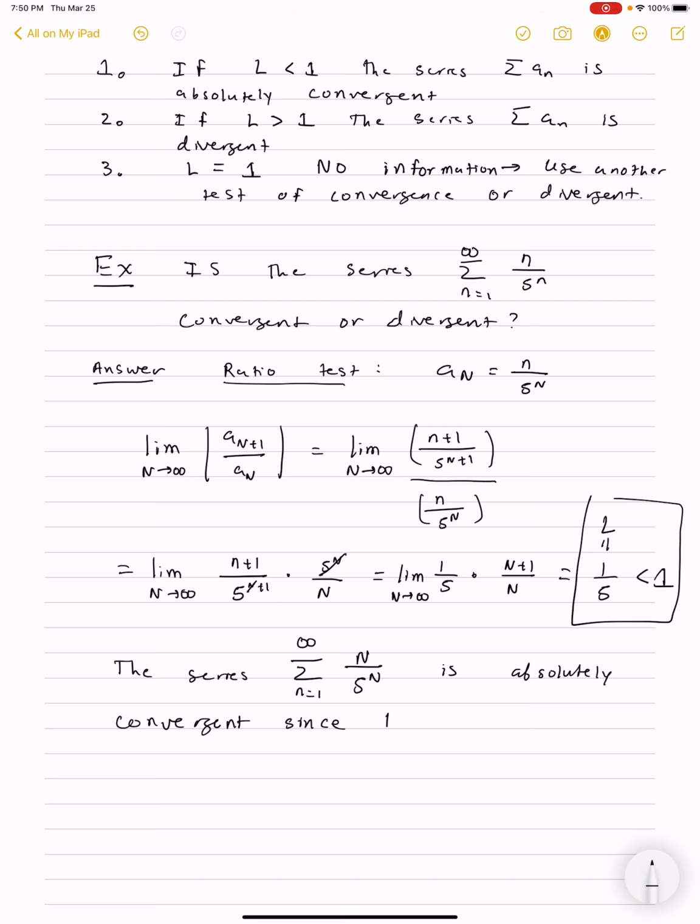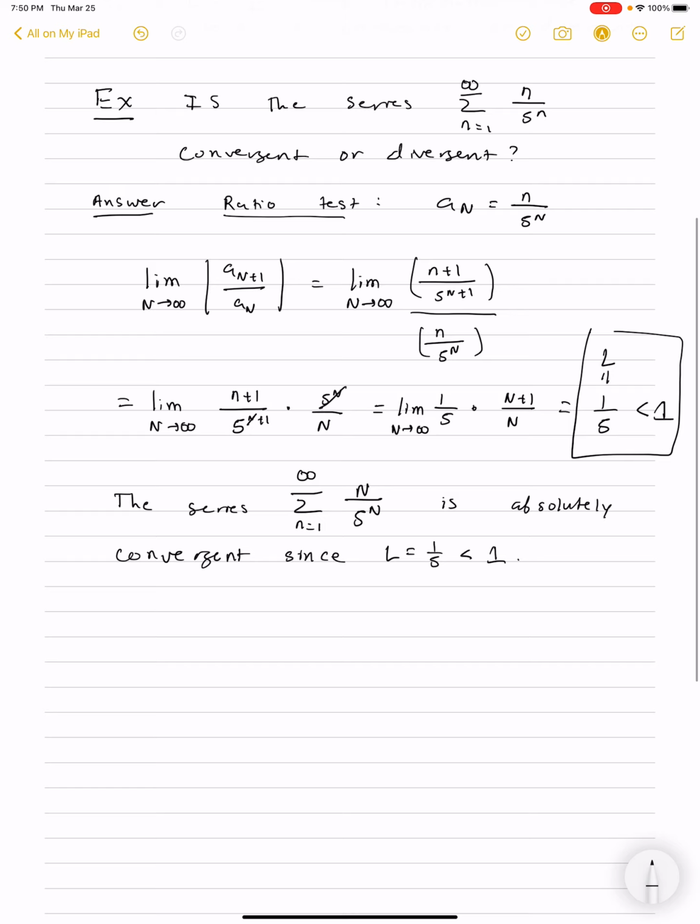Since L is equal to 1/5, and that's less than 1. Okay, so we got an example of convergence.